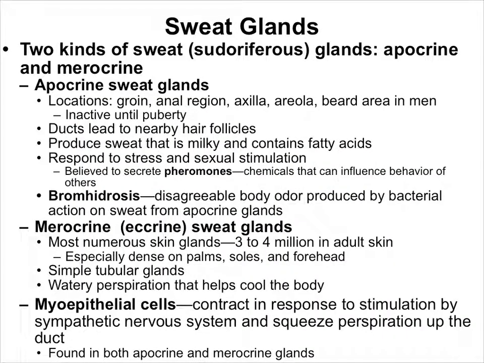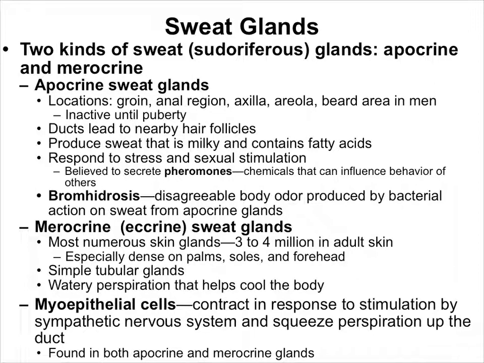So first off, sweat glands. There are 2 types of sweat glands found in the skin, apocrine and merocrine. And to make things just totally confusing, they both work through a merocrine method. We used to think that apocrine sweat glands worked through an apocrine method, that they broke apart the apical portion of the cell, and that fell apart, and then they grew a new apical portion of the cell.